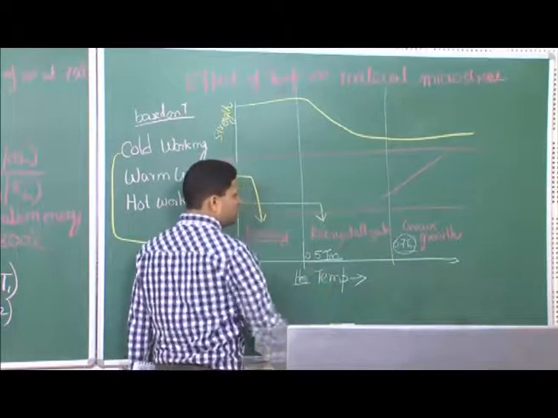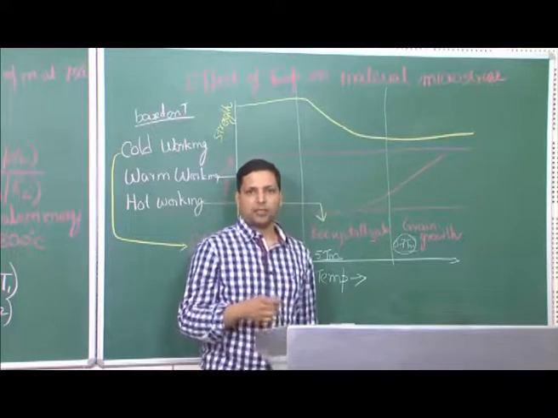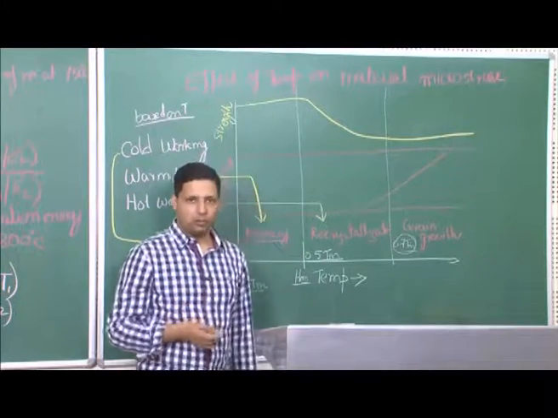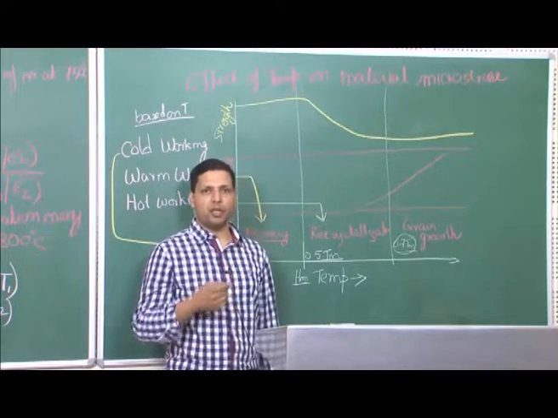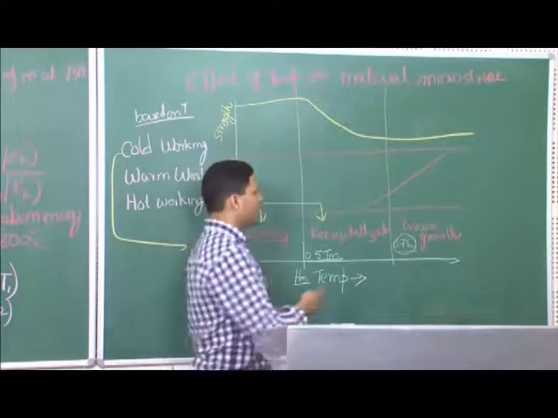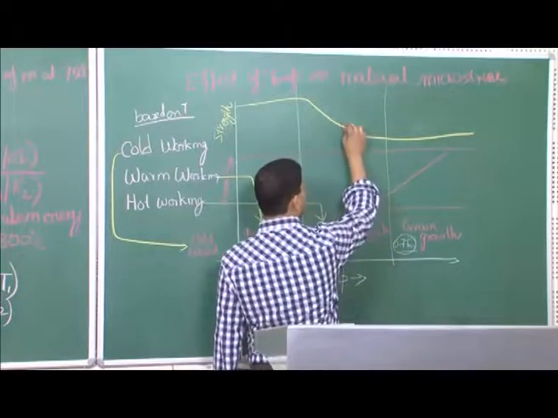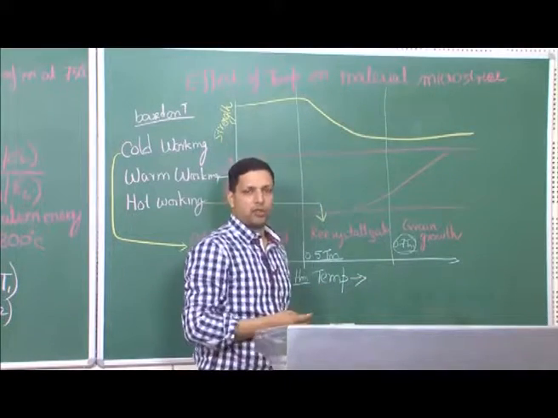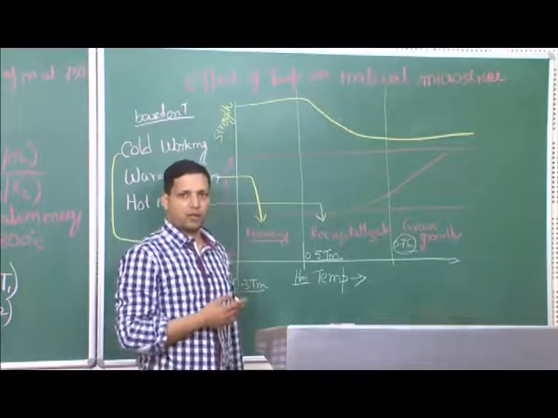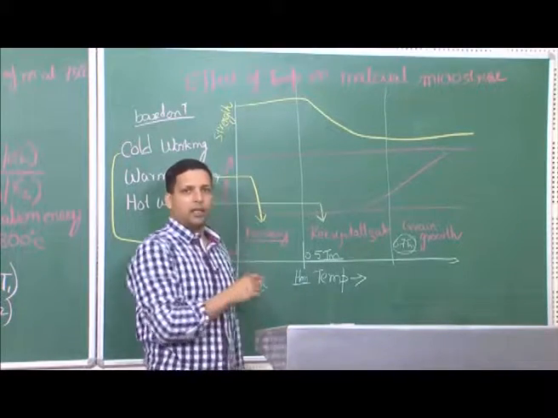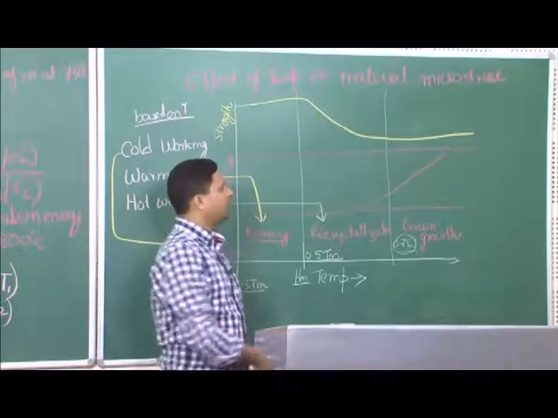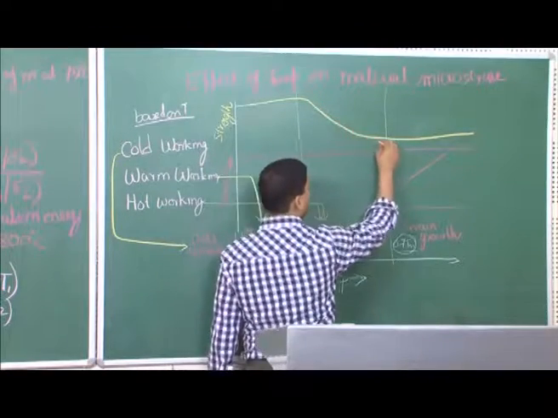When you get to recrystallization, what is happening is that the old deformed strained grains start to get replaced by new strain free grains, and those strain free grains lead to a reduced strength. Of course, they have some additional advantages, but they also have a disadvantage that they have less strength, and therefore, the overall strength of the material starts to decrease.